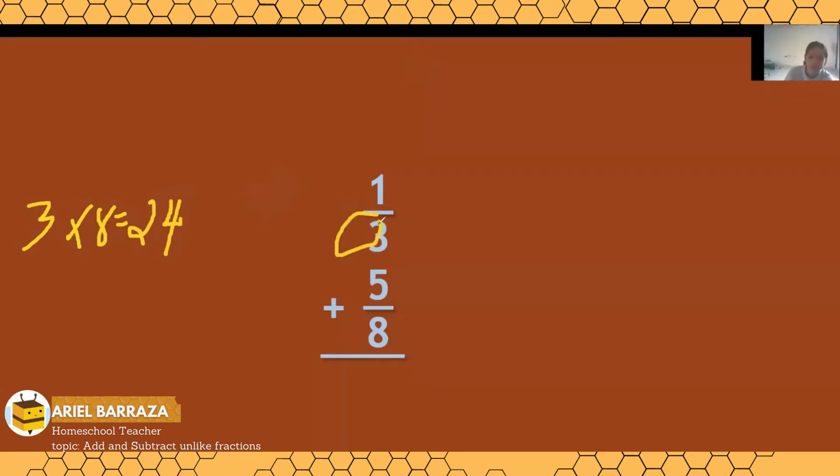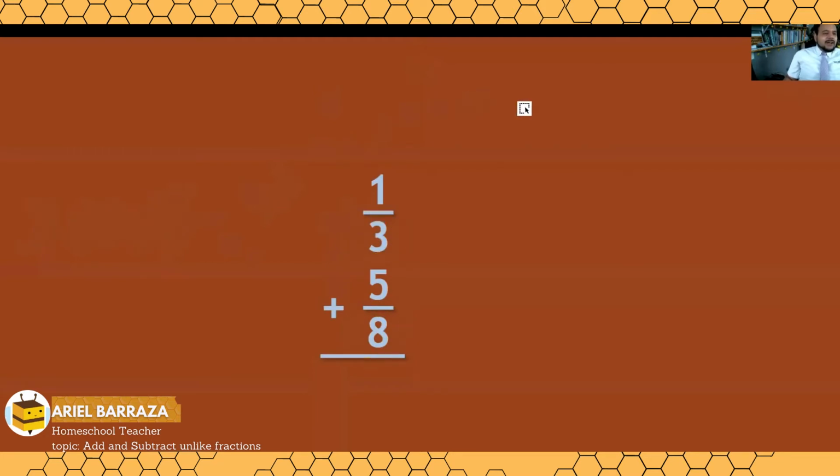So you notice I take every one of these, 3 and 8, I multiply them and I get 24. At least I have a common multiple.